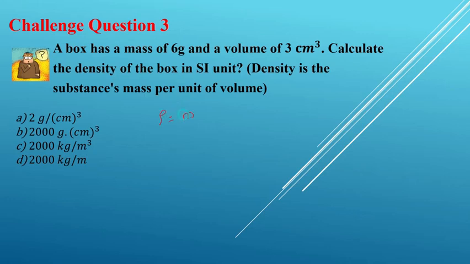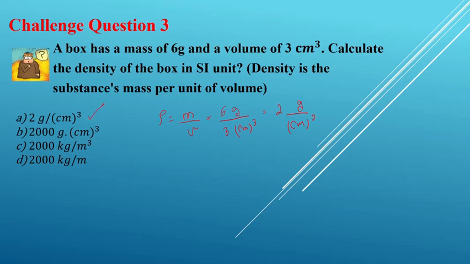Density is equal to M over V. My mass here is 6 grams, and the volume is 3 centimeters to the third. So 6 over 3 is going to be 2 grams per centimeter to the third, right? So my answer is going to be A, right?